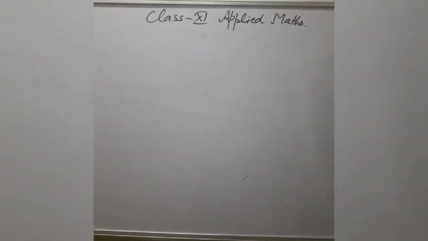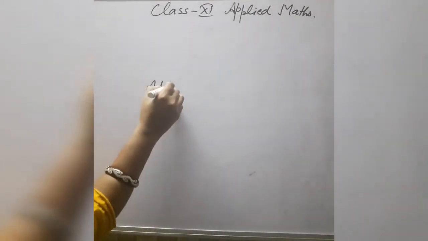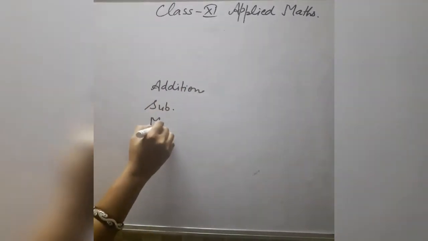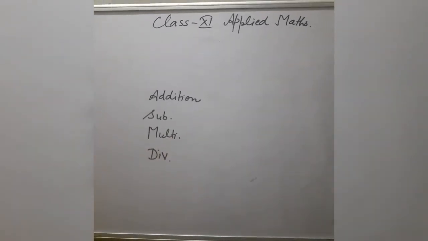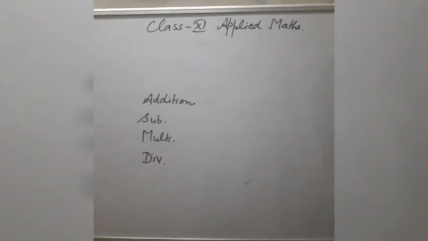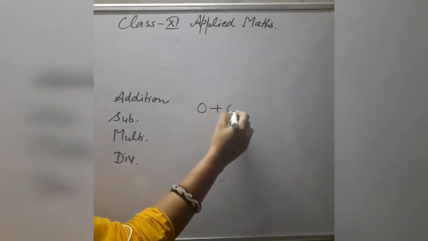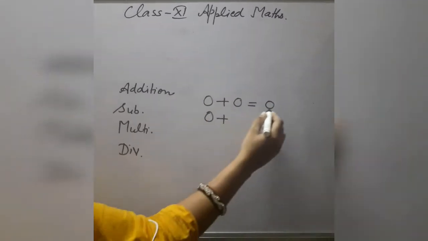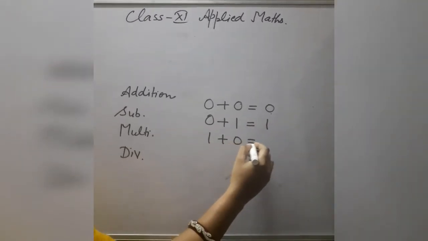Now see arithmetic of binary numbers, meaning how you will do addition, subtraction, multiplication and division in the case of binary numbers. Now see firstly addition. In the case of addition, only 2 digits are there in binary numbers. 0 plus 0 is equal to 0, just like decimal numbers. 0 plus 1 is also 1. 1 plus 0 is 1.